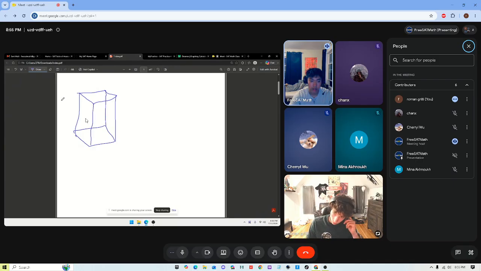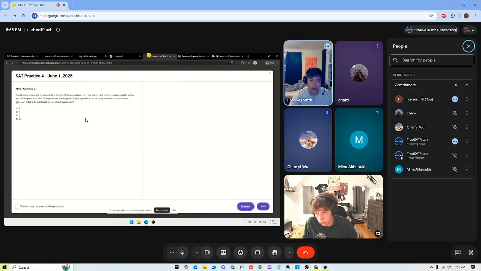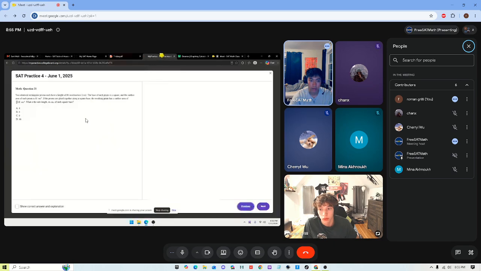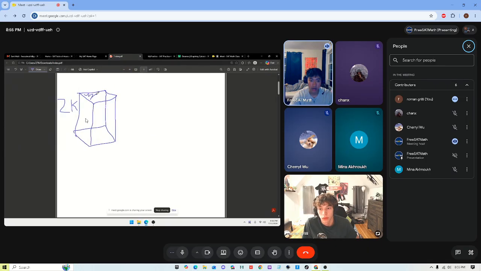Okay, so imagine there are two of these, and the surface area of each prism is k. So we would have 2k right now. And then if the prisms are glued together along the square base, so this right here, we're losing the surface area of two of the squares basically.